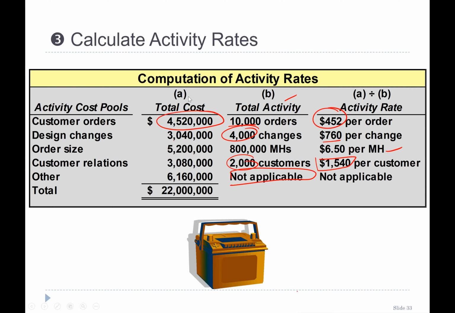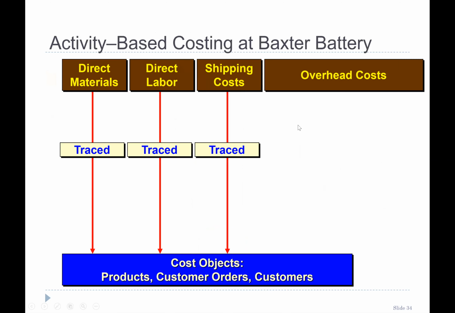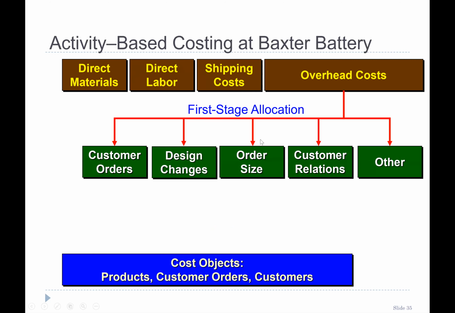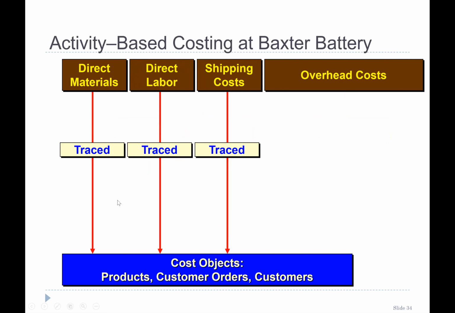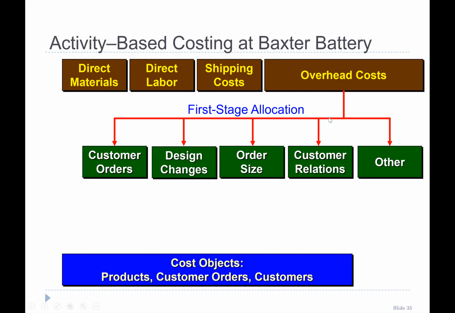Now, the question arises: what do we have to do with these activity rates? Like I told you, in activity-based costing, we already know the direct material, we already know the direct labor, plus the shipping cost. The question mentioned that it is easily traceable, so we excluded it from the overhead cost. For overhead cost, we divided it into 5 activities and applied first stage allocation.